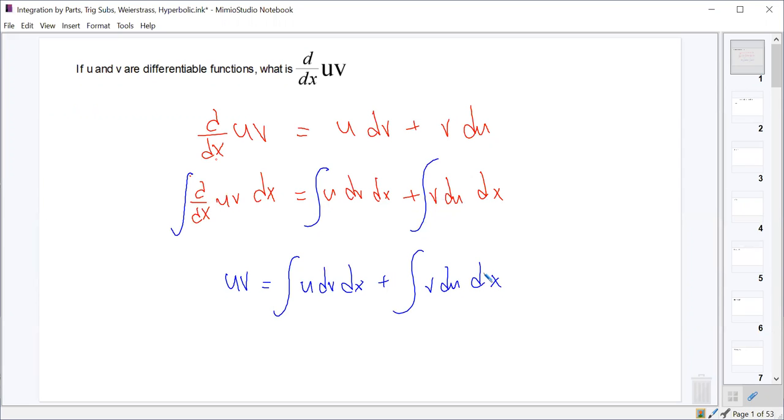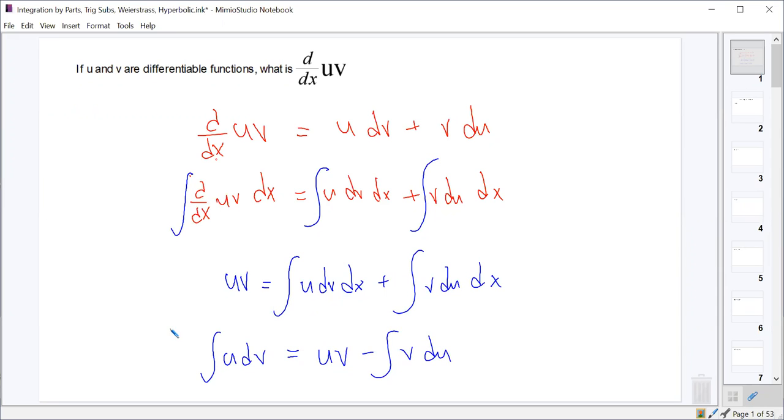And so what we're going to do now is rearrange this so that we end up with the integral of u dv on one side by itself. We should then be able to say that that's equal to u times v minus the integral of v du.